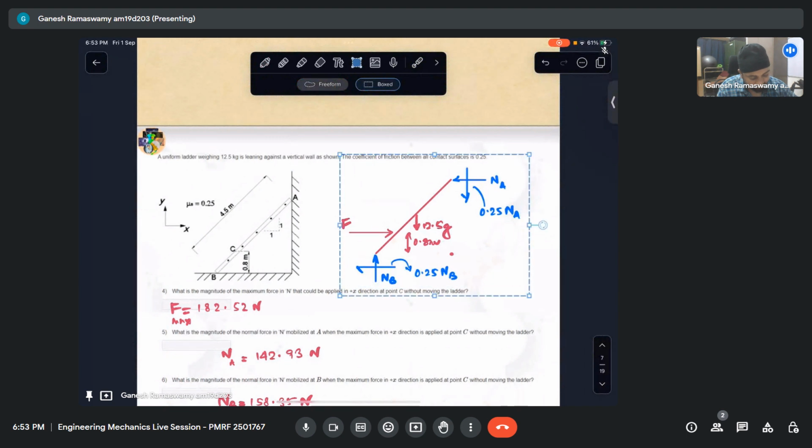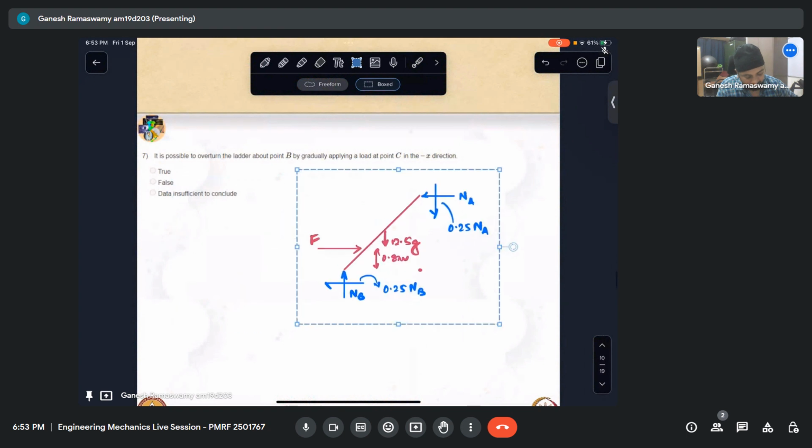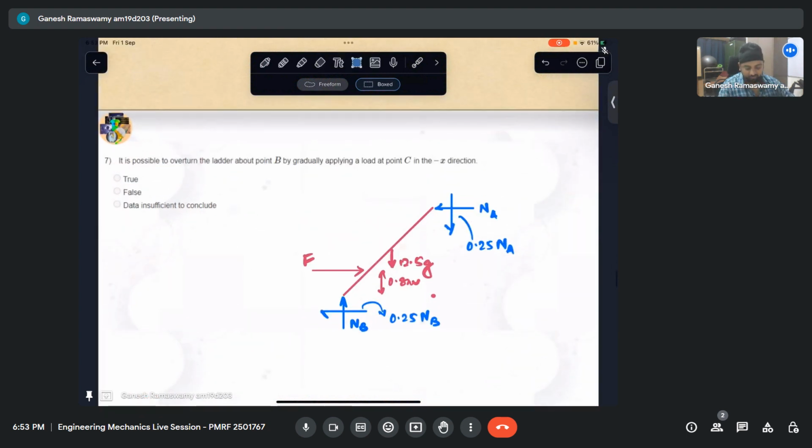So let me copy this. Now this happens to be asking that this is point B. Let us be clear about it. This is point B, this is point A. Now it is asking, is it possible to overturn it about point B if, let us say, I took a force and applied it at point C like that.